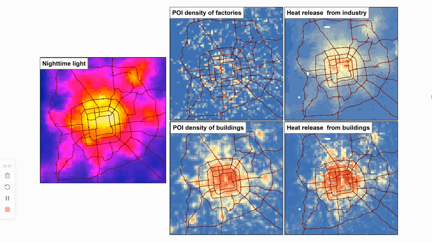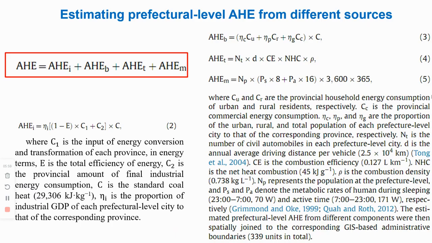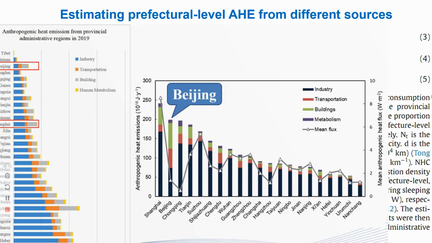large errors. So in this study, we first estimated the prefecture level heat emission from different sources, from the industrial, buildings, transportation and metabolism.